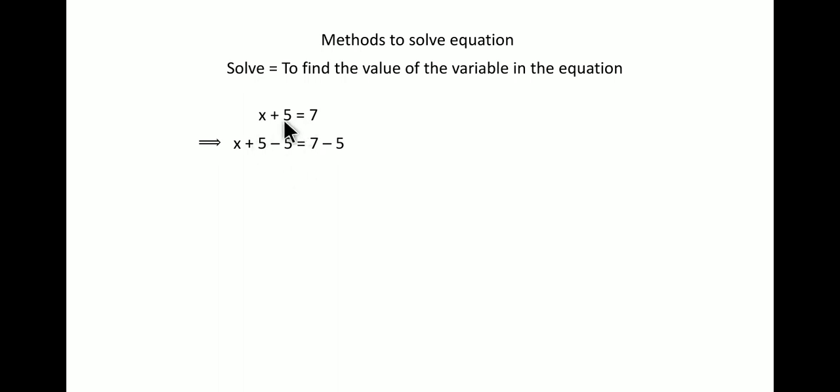So in order to remove this plus 5 from the expression x plus 5, you will subtract 5, and also you have to subtract 5 from the right hand side. This results in x on the left hand side and the right hand side is equal to 2.